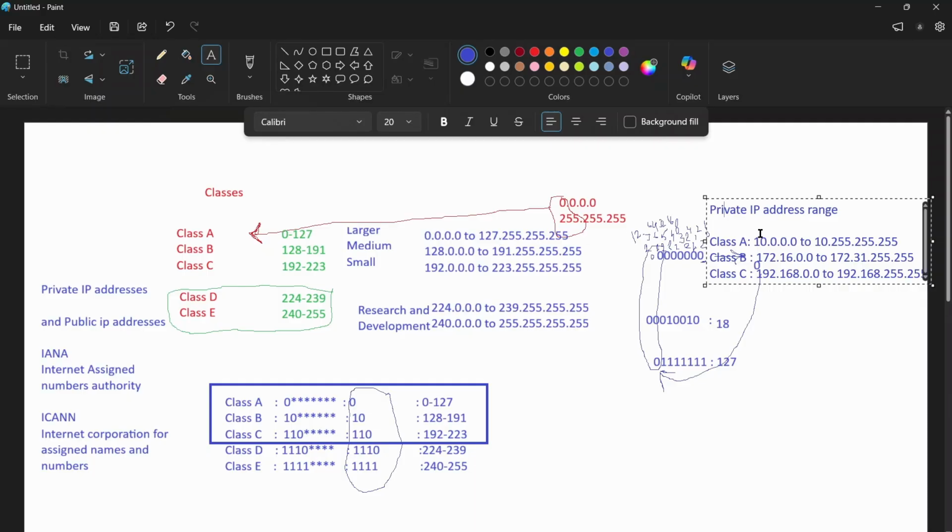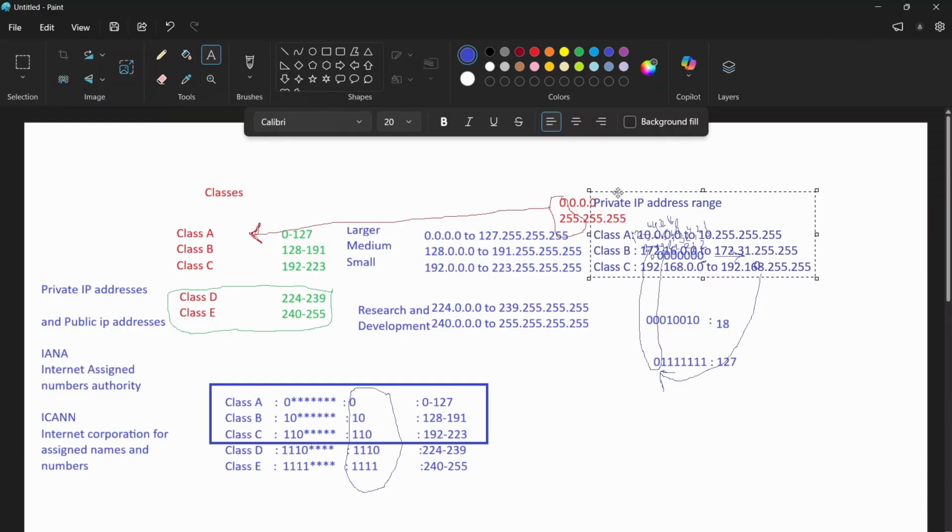So this is the private IP address range in class A. 172.16 will be part of class B, between 128 to 191. This is the class B private IP address range. And then 192.168.0.0 to 192.168.255.255. Apart from these IP addresses, all the remaining are public IP addresses.